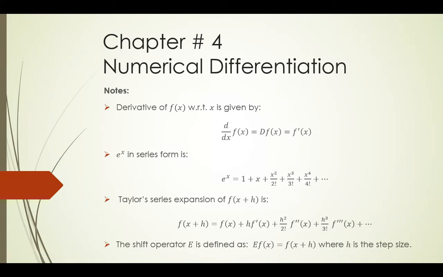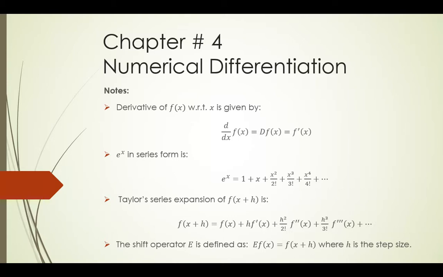But if there are two primes, that is f double prime x, which means the second derivative of f of x, we will multiply h square by 2 factorial with f double prime x. And when there is f triple prime x, we will multiply h cube by 3 factorial with it, and so on. That is called the Taylor series expansion of a function f of x plus h.